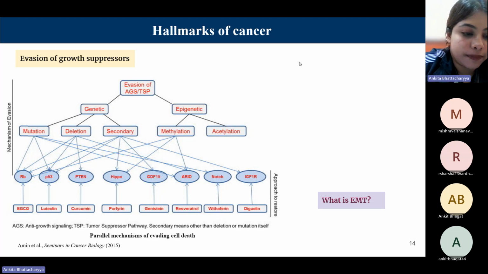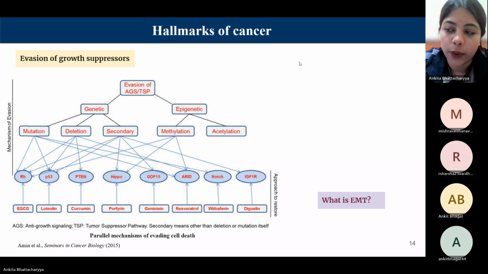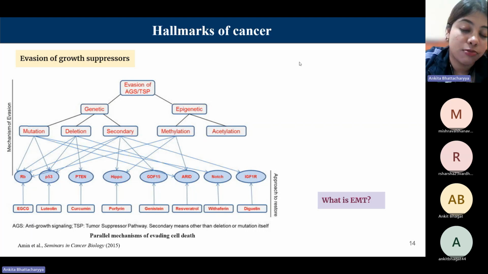If I just quickly use two terminologies, most of you might be familiar with them. One is oncogene, another is tumor suppressor. Oncogene is something which allows oncogenic mutations, which allow cells to proliferate rapidly, haphazardly, keep on dividing. That is under the first category, sustained proliferative signaling.